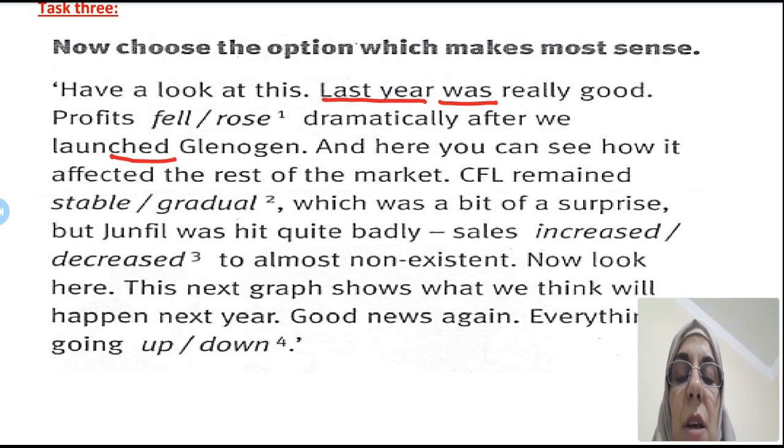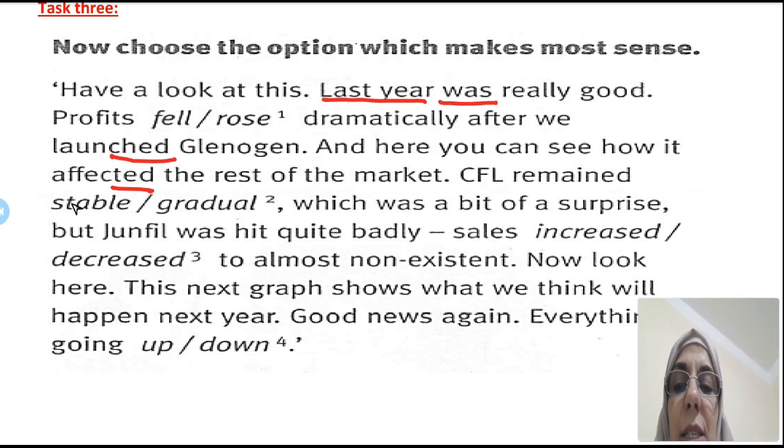Here is the past simple, Glenogen. For the verb here, you've got fell and rose. Both verbs are in the past simple. You have to choose one option to make better sense. And here you can see how it affected the rest of the market.